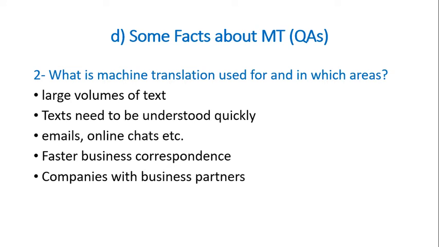Companies with business partners: if a company is working in China and has business partners in Pakistan, Saudi Arabia, or other countries like the Philippines or Thailand, that means their business functions in three or four languages. Their purpose is just to communicate, because the basics are clear, but for the communication of day-to-day functioning, they can use machine translation systems effectively.